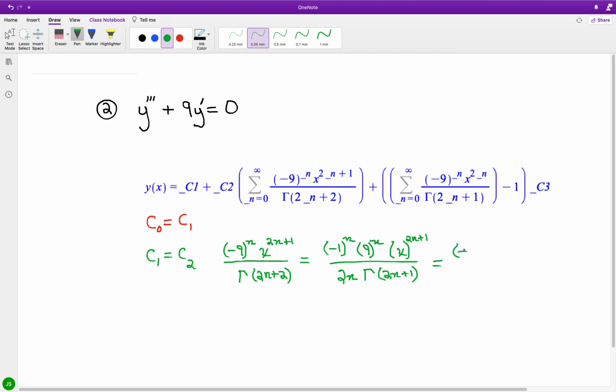Now we have -1 to the n. For 9 to the n, I'm going to put this in terms of base 3, so we have 3 raised to the 2n times x raised to the 2n plus 1 degree. And for 2n times the gamma of 2n plus 1, this is going to go to 2n plus 1 factorial.